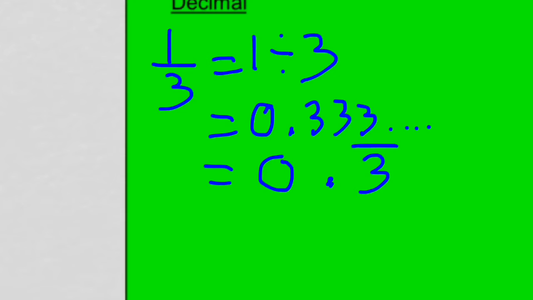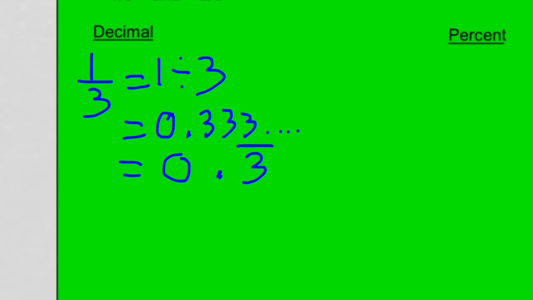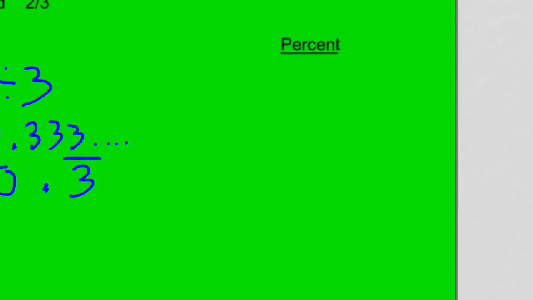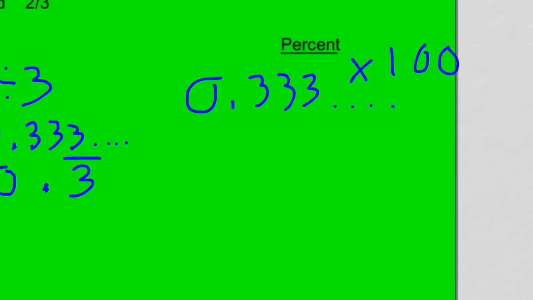To get the percentage, you take that repeating decimal and you do the same thing we did before. You times by 100, which shifts the decimal 2 spots to the right, and you get 33.3 repeating percent.